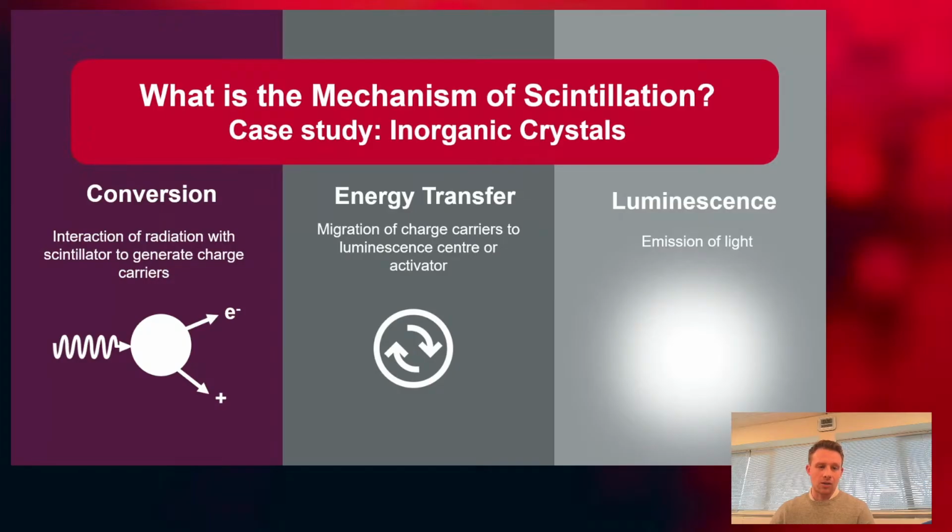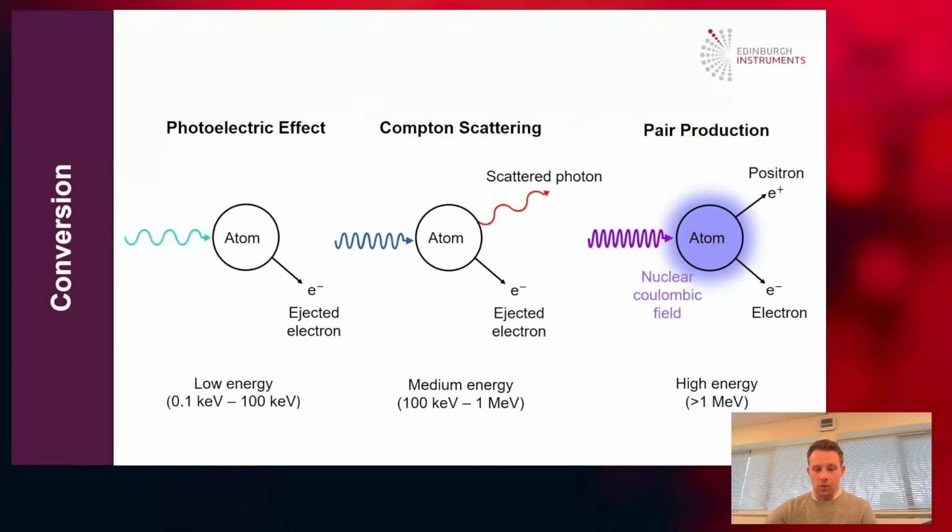So this is the interaction of the ionizing radiation with the scintillator to generate charge carriers, so electrons and positive holes. The next stage is energy transfer. So this is the migration of these charge carriers through the scintillator until they reach a luminescence center or an activator. These are dopants or defects purposefully introduced into the scintillator. And then finally is luminescence. So this is just the emission of the UV or visible light.